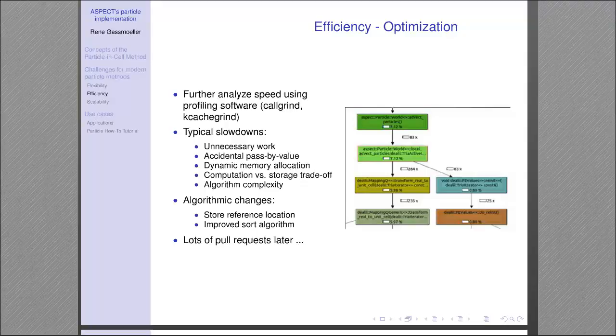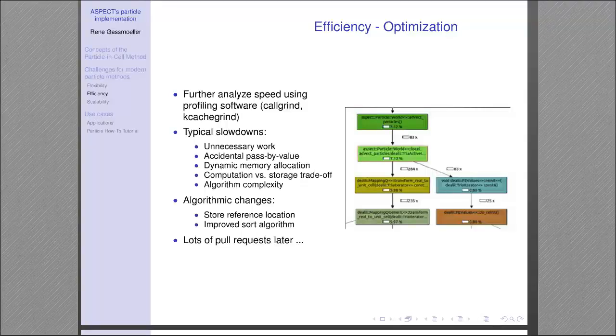If the cell, for example, has curved boundaries, it's a relatively expensive inversion of the real coordinates into the coordinate system of the unit cell to compute this reference location. But you need this reference location to advect the particle, to sort it into cells, and for several other things. So it's beneficial to compute this as few times as possible.